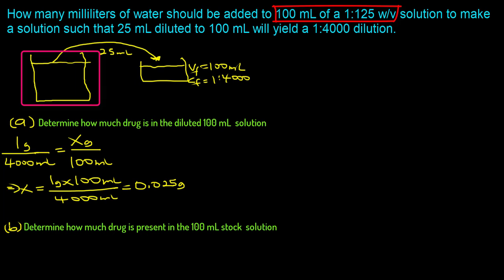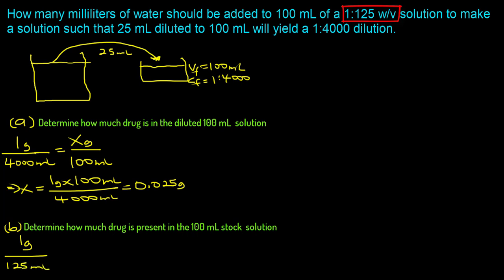So now the next step is to determine how much solute is present in the 100 milliliters of the 1:125 weight by volume solution. So the way we'll do that is to make use of the ratio strength, which is 1:125, and that implies that you have 1 gram of solute in every 125 milliliters of solution. But we are actually interested in determining how many grams are actually present in the 100 milliliter solution that we started off with.